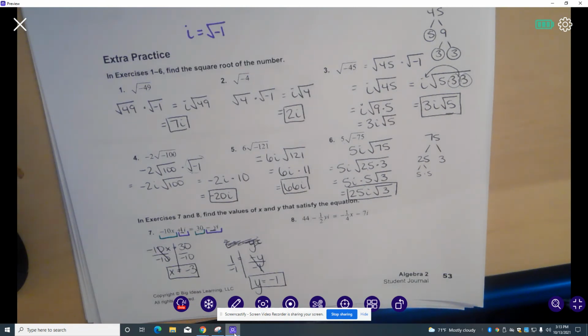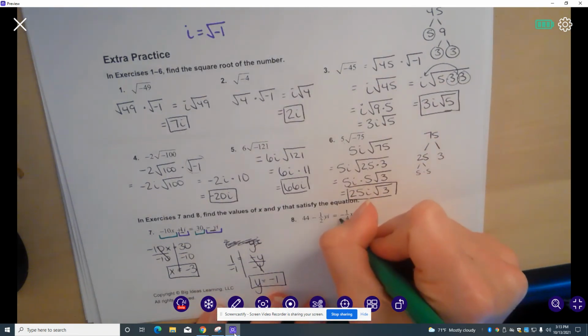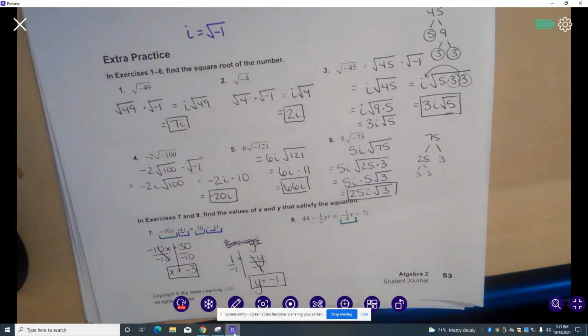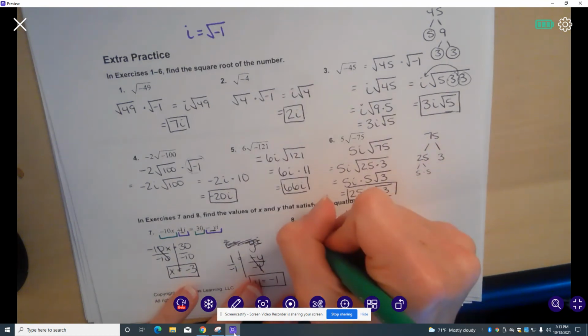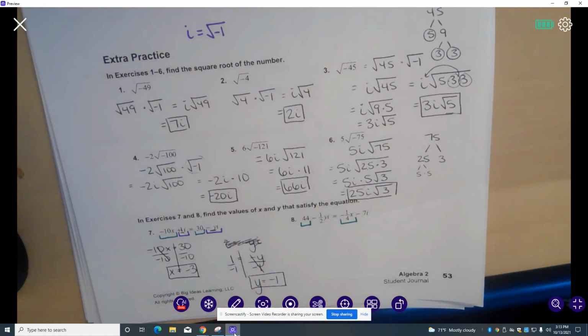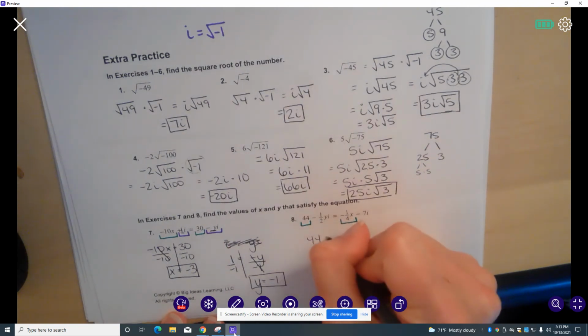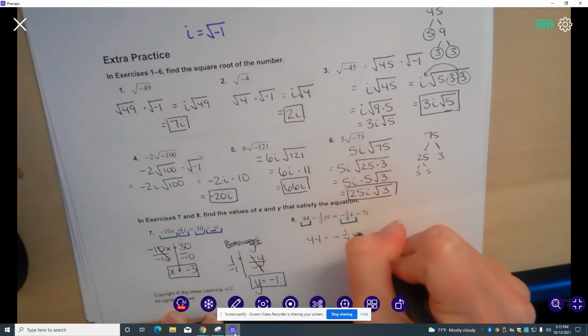Okay, so in number 8, I'm going to do a similar thing as I did in number 7. My x is part of the real part of that expression. So I'm going to set that equal to the real part on the left. So 44 is equal to negative 1/4 x.